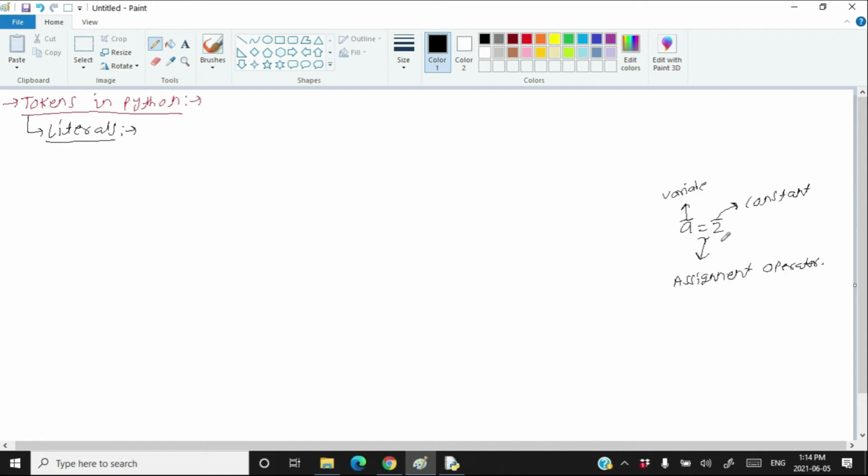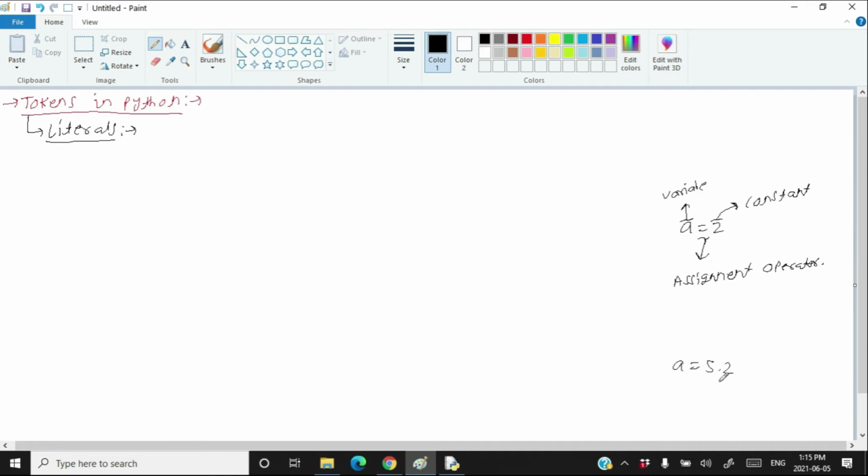Whatever is at the right hand side of the assignment operator gets stored in the variable at the left hand side. Variable means its value can be changed. Right now a is 2 and later it can be 5.2. So the value of a can be changed. That's why a is the variable.